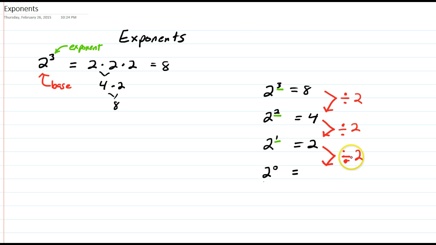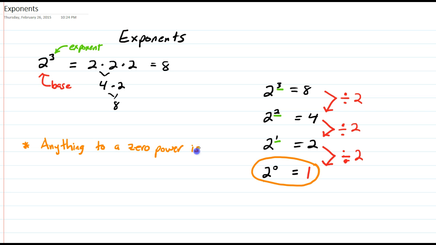And so 2 divided by 2 gives us 1. And that's our first rule. Anything to the power of 0 is equal to 1.